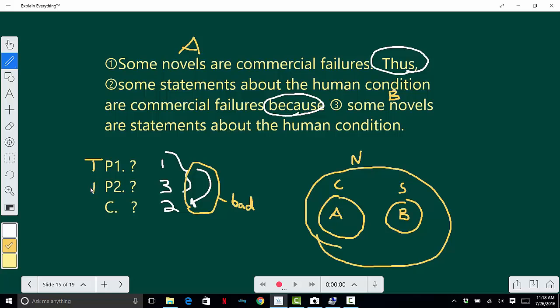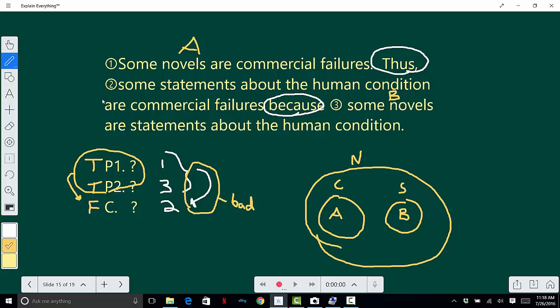So even though I've set up a world in which our first premise is true and our second premise is true, our conclusion is false. And what this shows is that the truth of our premises doesn't guarantee that the conclusion is true.